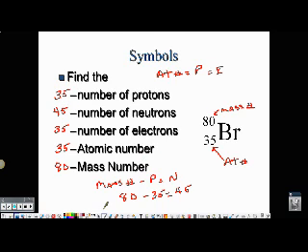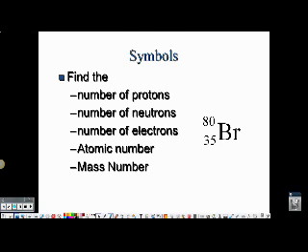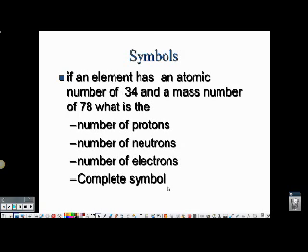So everybody should have worked that problem, and I hope you all have it correct. So the next one I asked you to do, oh, there's no symbol, so I have to read the text. If an element has an atomic number, so what do I know?